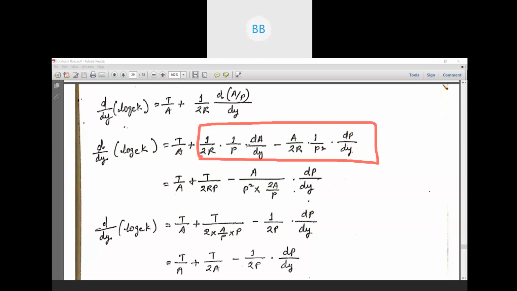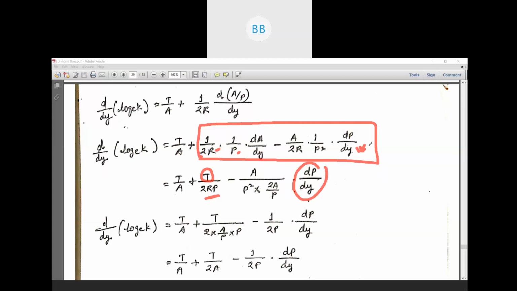Here again, dA by dy you can write as top width divided by twice R P. Then minus, we have area, we have P square, and in place of R again we have written A by wetted perimeter. So this will be dP by dy, remain same.